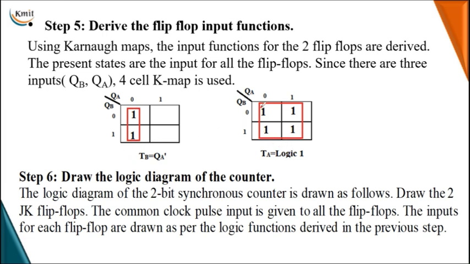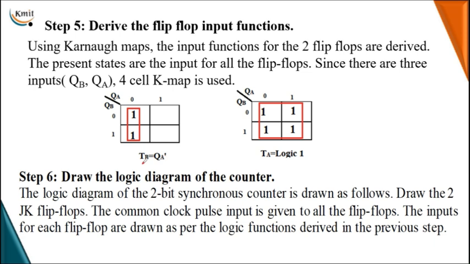For TA, we have all four minterms, so we map the function, and if all minterms are 1 in a two variable map, that function value is equal to logical 1. TB is equal to QA bar. QB is different for these two minterms, and only QA is the common variable for the two minterms given. The QA value is 0, hence in your product term it is represented with the complement, QA bar.